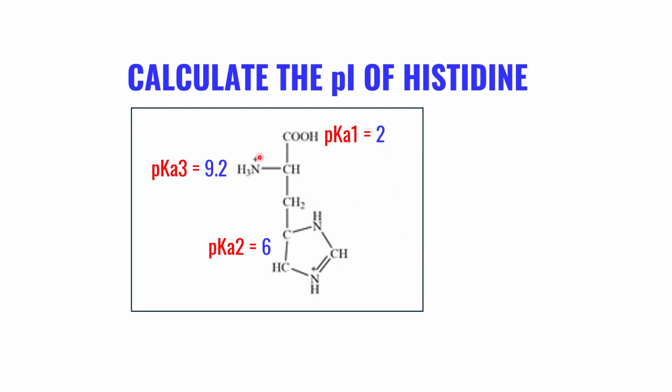These values must be known in order to identify the formation of the zwitterion as well as the flanking pK values, so that we can calculate the isoelectric point of this amino acid.